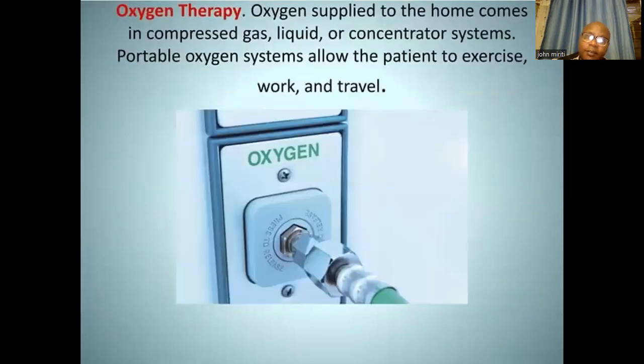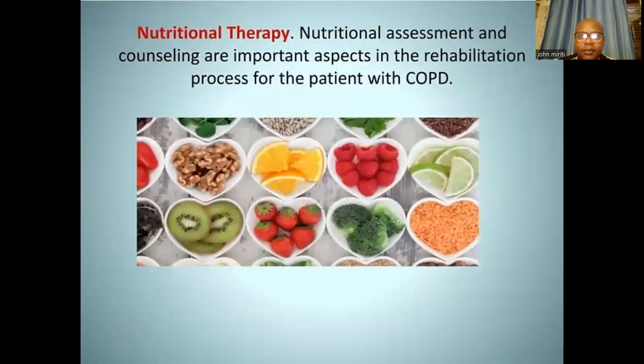Oxygen therapy, either at home or at the hospital, is very important because it is going to give the patient relief. Nutrition support is also very important, because you have to advise the patient to keep away from foods which predispose to these attacks, and also give food which is going to improve the immunity of your patient.